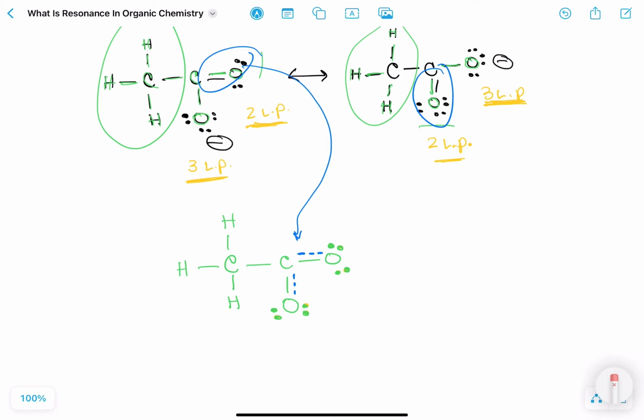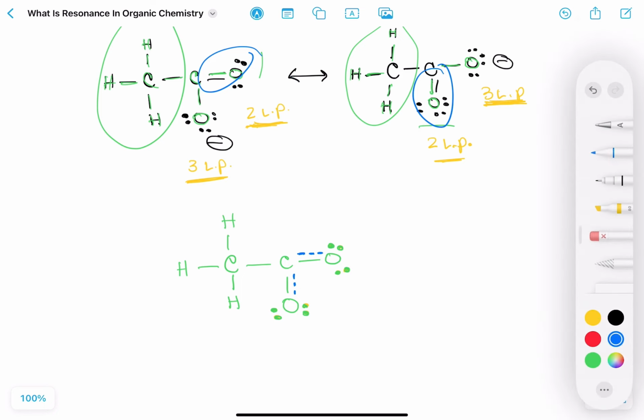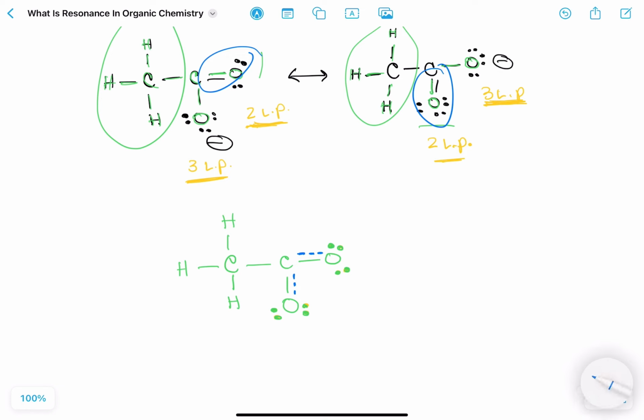So I'll go ahead and erase these lines. You should be able to make that connection now. And then same thing with the lone pairs. In this case, my lone pair is on my right oxygen, whereas here it's on my bottom. And so we have a negative charge on the right and a negative charge on the left.